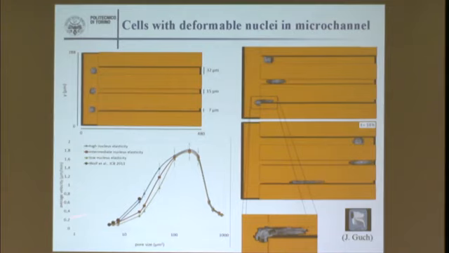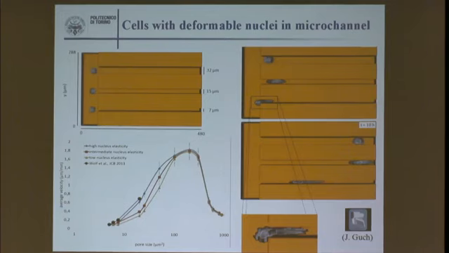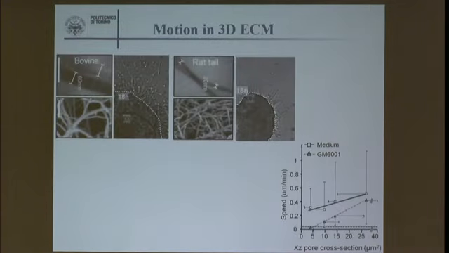Instead, when the pore size is small, there is some dependence on the elasticity. Of course, the softer nucleus goes faster than the rigid nucleus. And these dots here relate to the experiments by Katerina Wolf that she showed before.